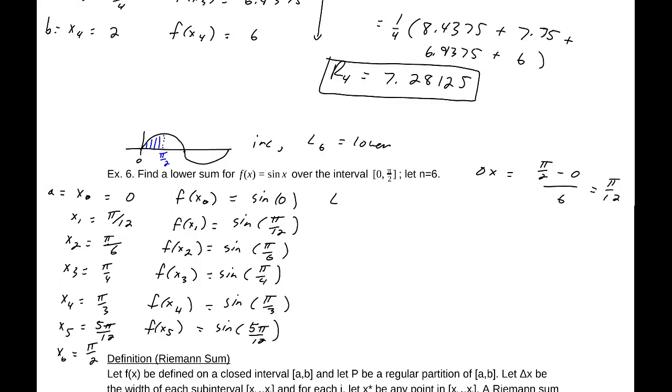Alright, so our L6, our lower sum with 6 rectangles, is the sum starting at 0, going to 5, of f of xi delta x. Our delta x is pi 12ths.